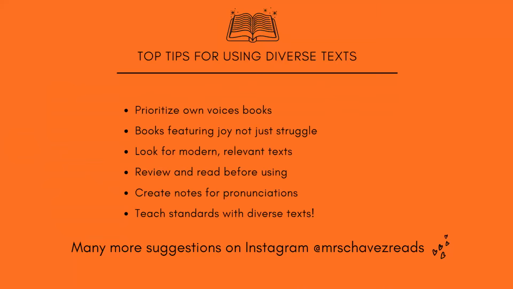So here are the things that I thought would be very helpful. The first one is to prioritize own voices text or own voices books. What an own voices book means is that the author and or the illustrator, hopefully both, are of the community that is represented in the book.